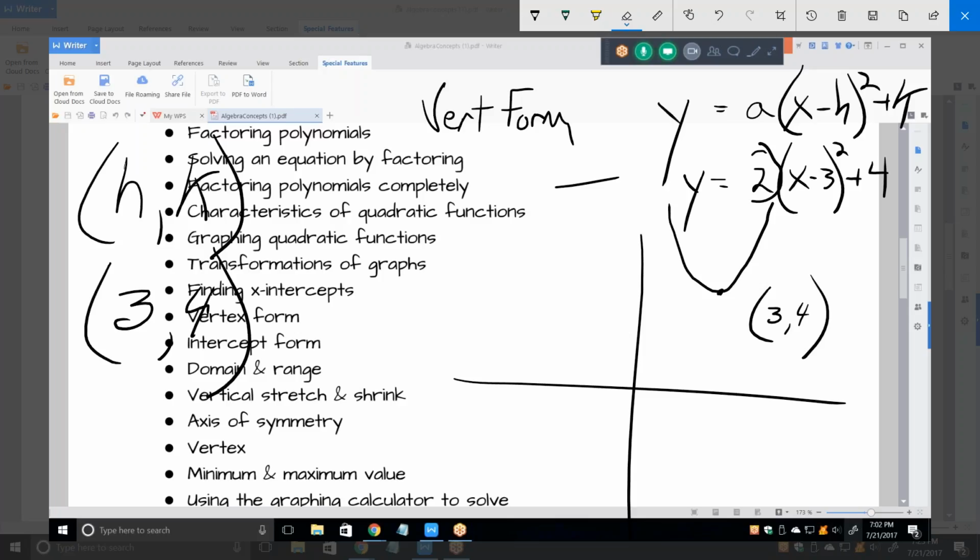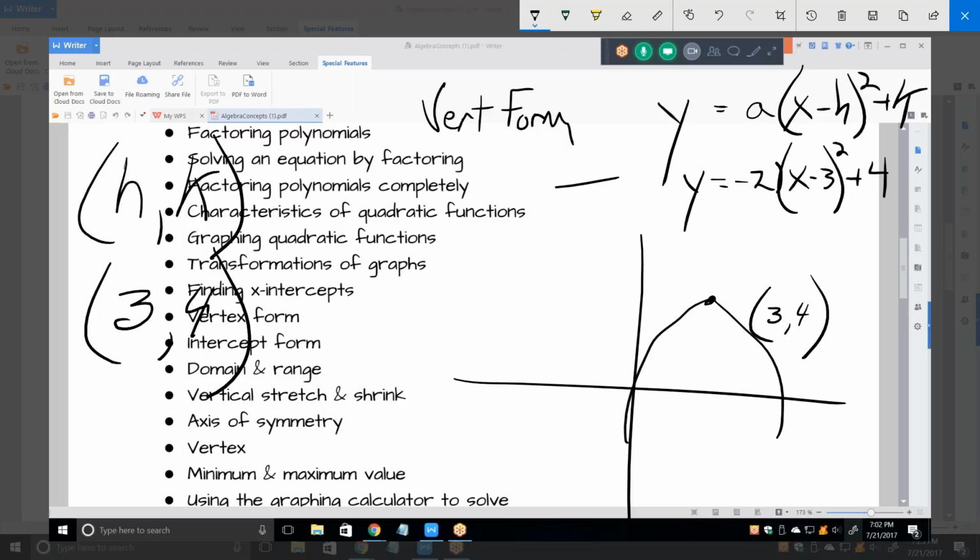Now, let's change it just slightly. Let's make that a negative 2. Now what I know is that my vertex hasn't changed. My vertex is still at 3, 4. But the fact that that's a negative number in front of the x squared term means that this parabola is going to open down like that.